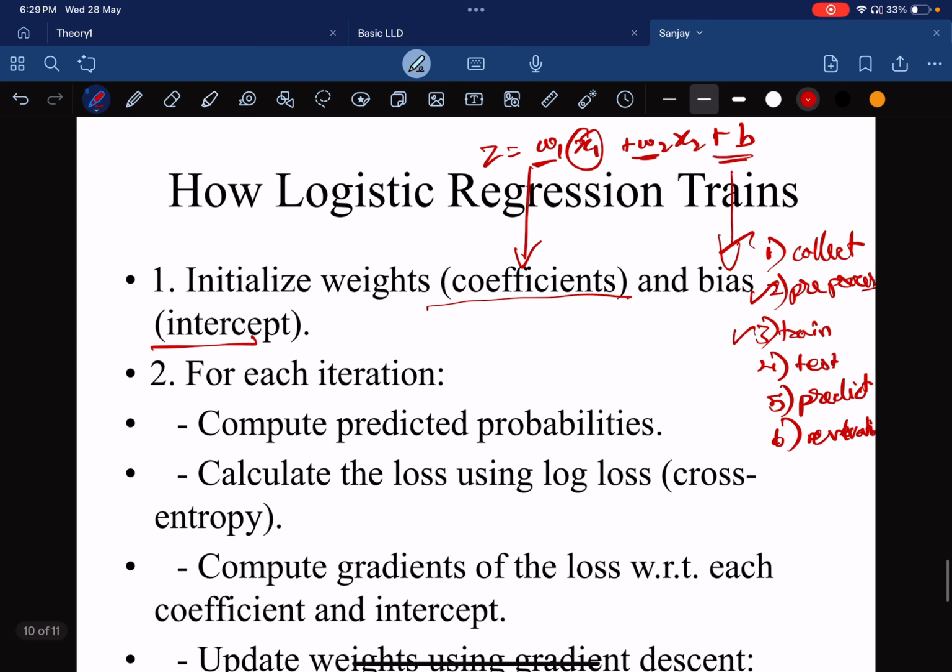For example, when the inputs x1, x2 are given, based on the initial weights it will predict the z, and it will calculate the loss.